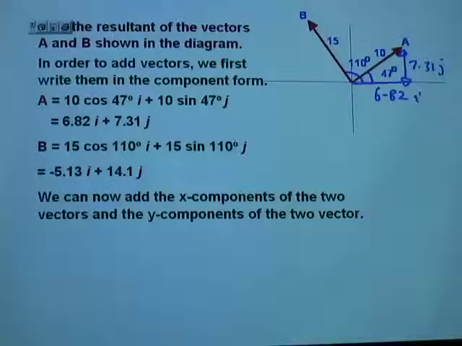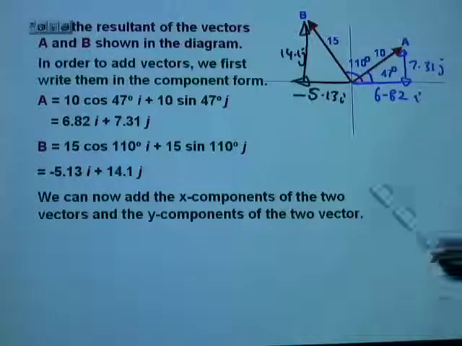And vector B has its x-component, what is it? Negative 5.13i, and its y-component is 14.1j.